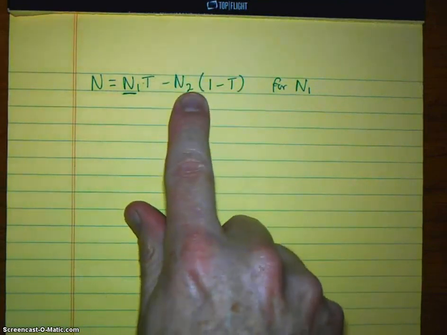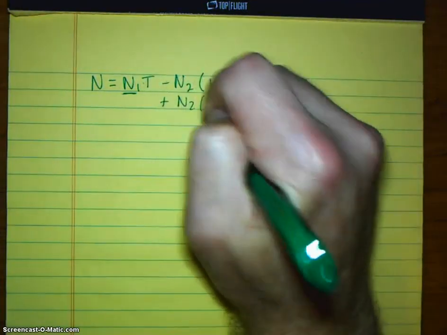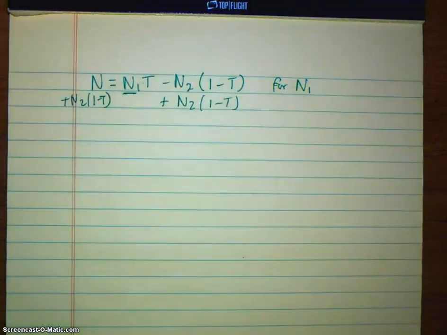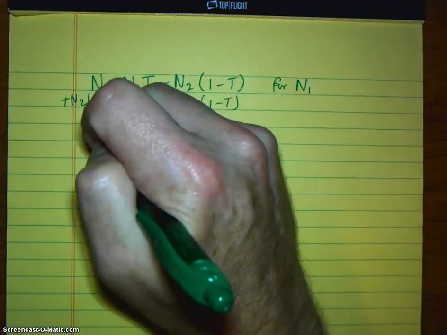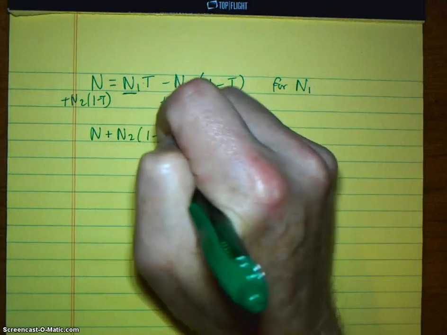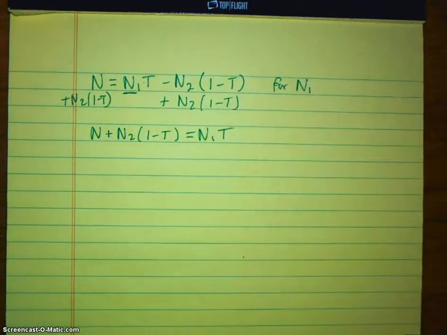In other words, I would start by adding n2 times 1 minus t to both sides. Get rid of all that stuff that's being subtracted away from my n1. So N plus n2 times 1 minus t is n1t.